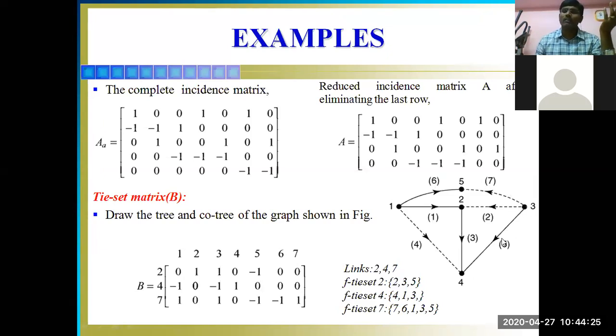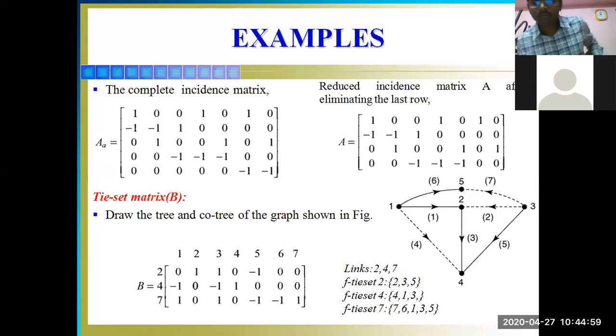Also 2, 6, 7, 5 is a combination, and 1, 6, 7, 5 is another combination. So without forming any closed path, with 4 twigs, you take 1 tree.